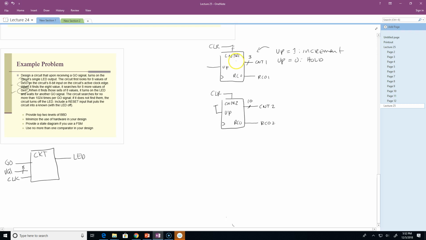Okay, so the event that it's counting is whether it's equal to one of the inputs. So that means I have a comparator sitting there. It's going to be comparing the input to one of two values.